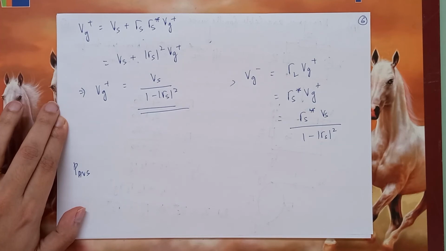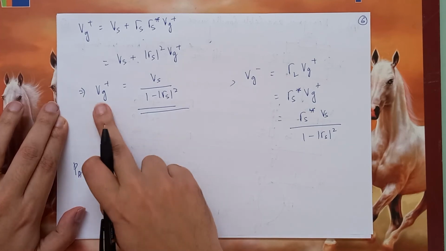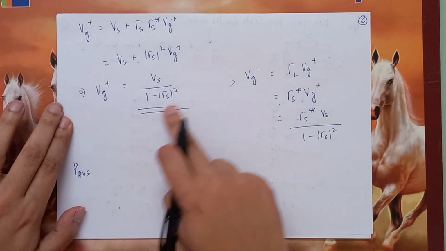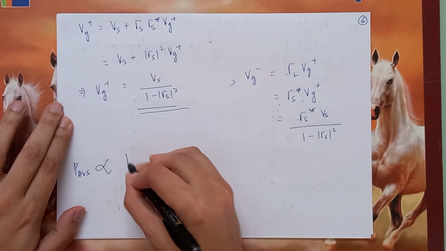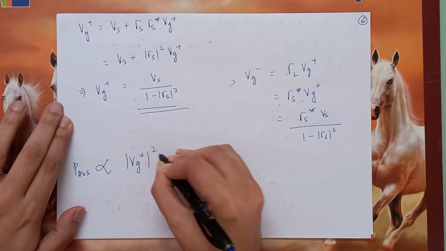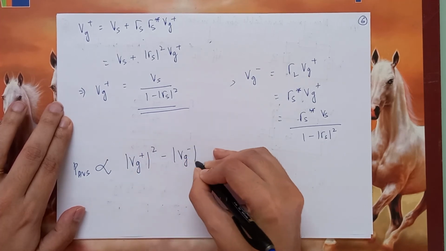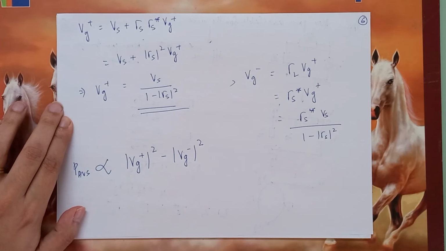the maximum power available from the source, will be the difference between the power carried by Vg plus and the power carried by Vg minus. So this will be proportional to this.